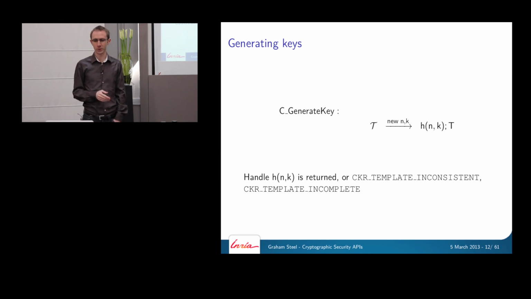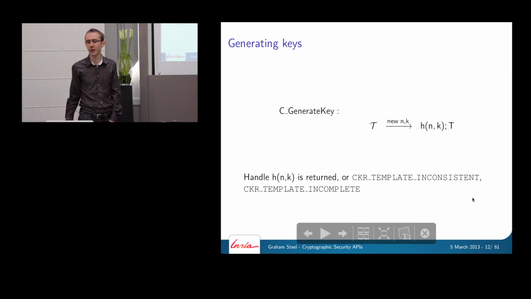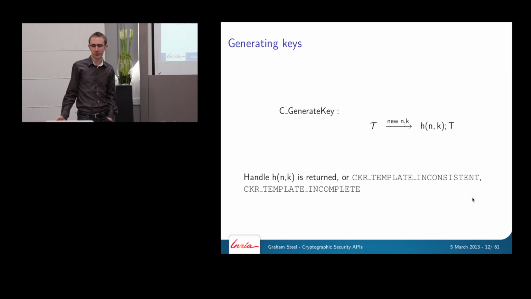So what will happen when you ask for this template? Well, you might get back your handle, and then you know that your command has been successful. Or the device might refuse to do this. If you ask for something in the template which the device considers inconsistent, it will refuse to generate you a key. You might, for example, have a device which doesn't allow you to make a key that can be used both for encryption and decryption and for signature and verification, although I haven't found one of those yet.